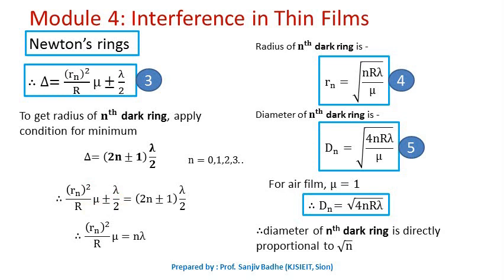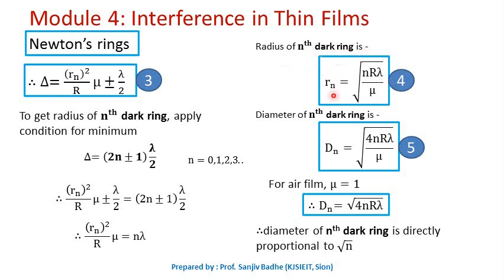So when this optical path difference is equal to (2n plus or minus 1) lambda by 2, by simplifying we can get Rn square mu upon R equal to n lambda. Let us take this R and mu on the other side, and let us take the square root of both sides. So Rn can be written as square root of nR lambda upon mu. So this is equation number 4. So this is the radius of nth dark ring.